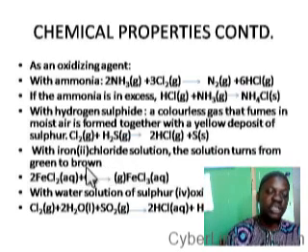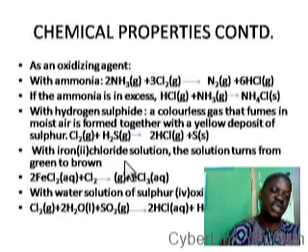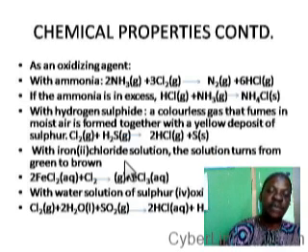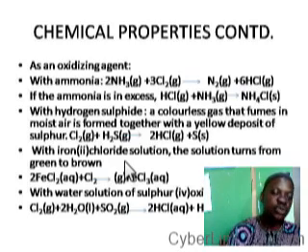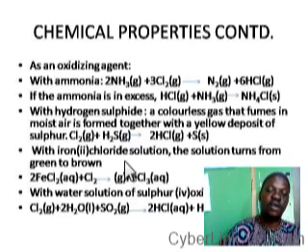So this also shows that it's an oxidizing agent, and this property is true of all oxidizing agents. They all oxidize iron 2 ions in solution to iron 3, thereby changing the color from green to brown, reddish brown or yellow.